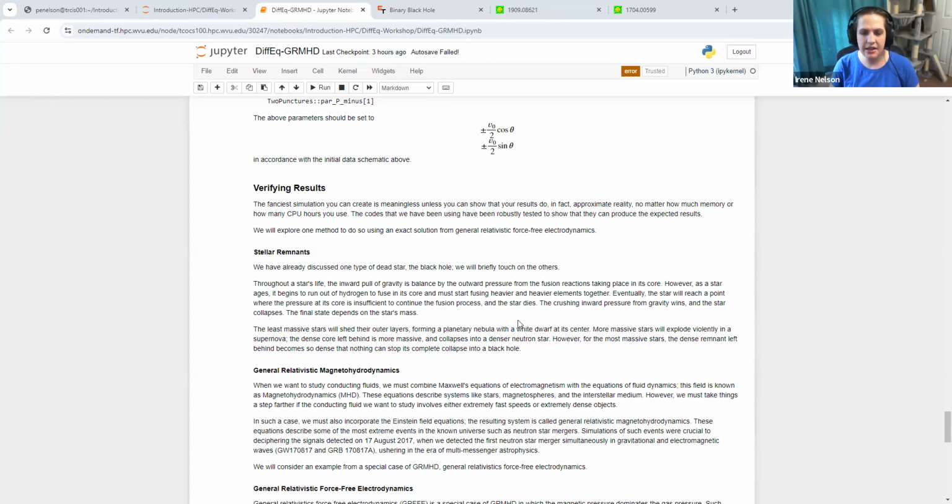And to do that, we're going to be using one of those exact solutions that I've been mentioning. So it's going to be a simple case, and it's going to be drawn from general relativistic force-free electrodynamics.